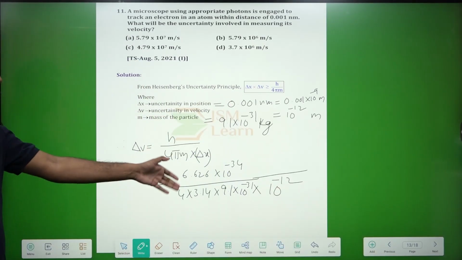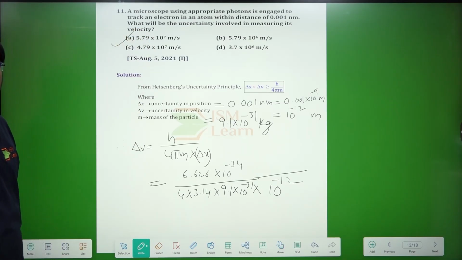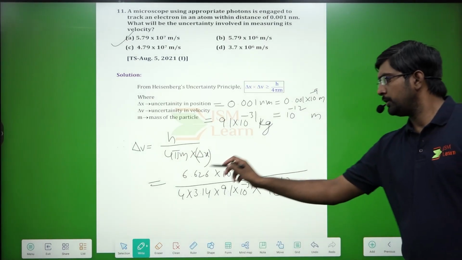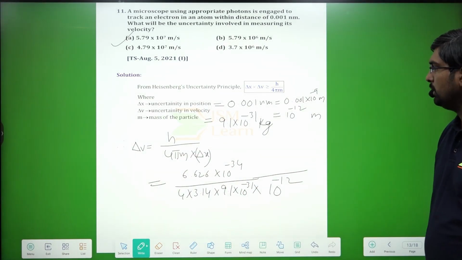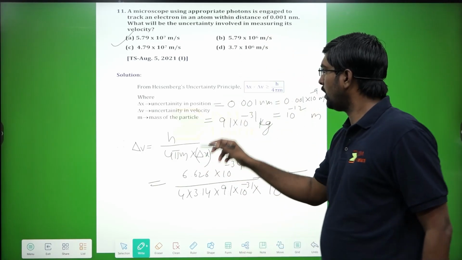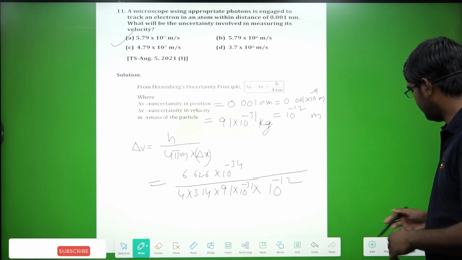After simplifying this we get option A as the answer. To save time, I am not going to simplify all of this; you can do it. I am mainly focusing on how to approach the question and what formulas we should use.